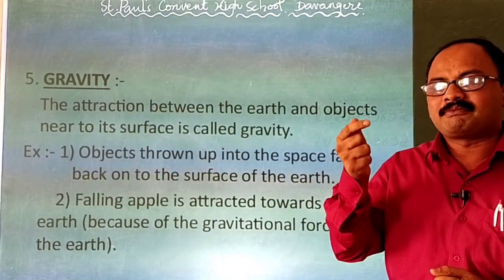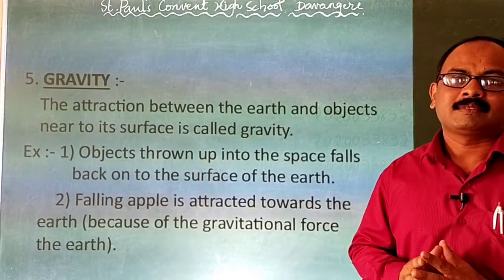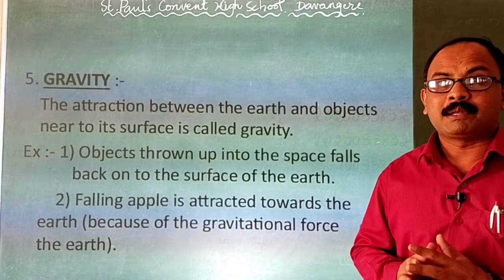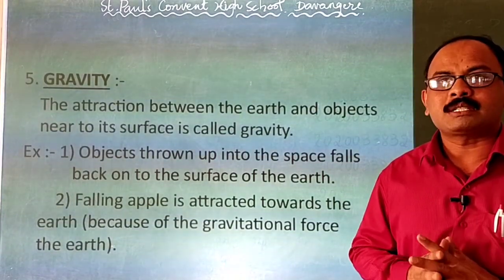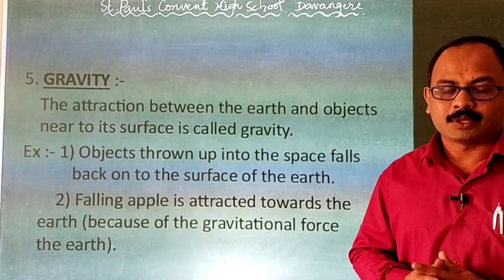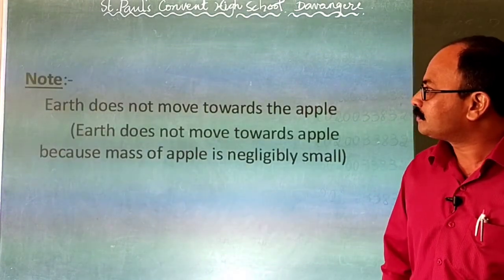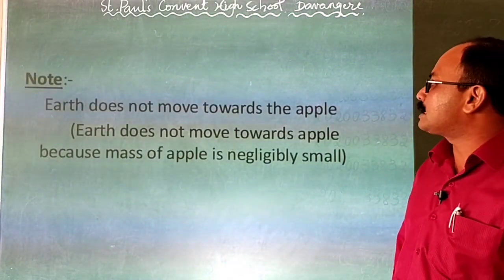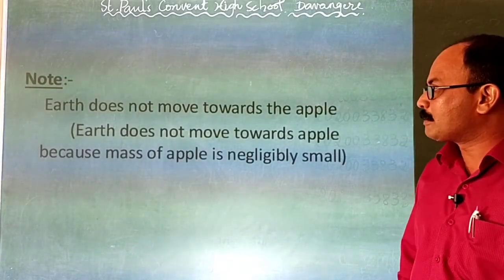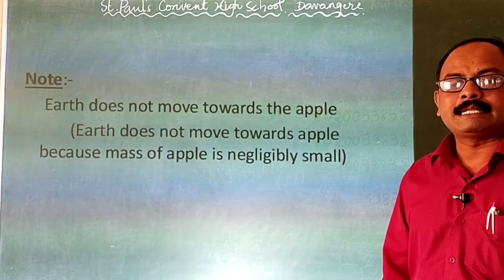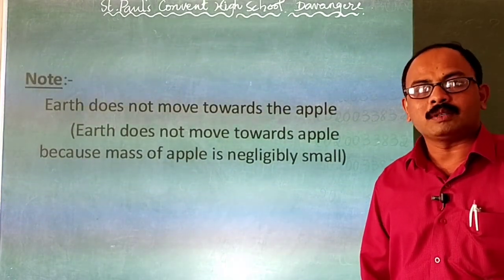Therefore, it falls towards the earth. Otherwise, if the apple were bigger than the earth, the earth would have moved towards the apple. So this is the reason the earth does not move towards the apple: the mass of the apple is negligibly small.